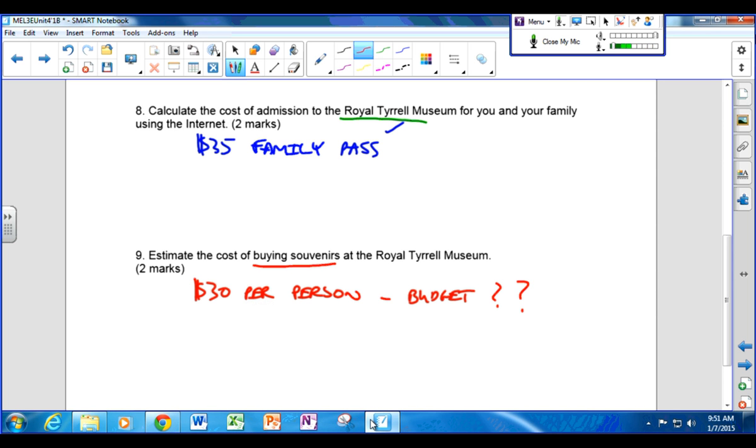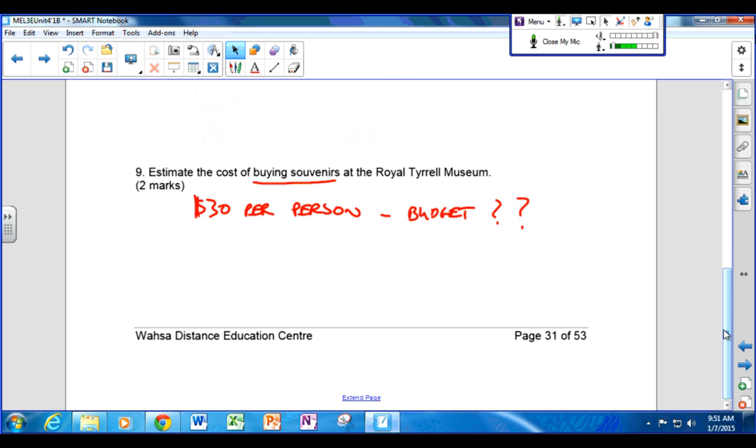That's how much we can spend, unless there's something really special when you get there that you really want to think about. So that's a hard question to answer, but something like that. There's no prices in the gift shop online, so we just estimated that we're going to spend $30 per person, and we won't spend more than that.